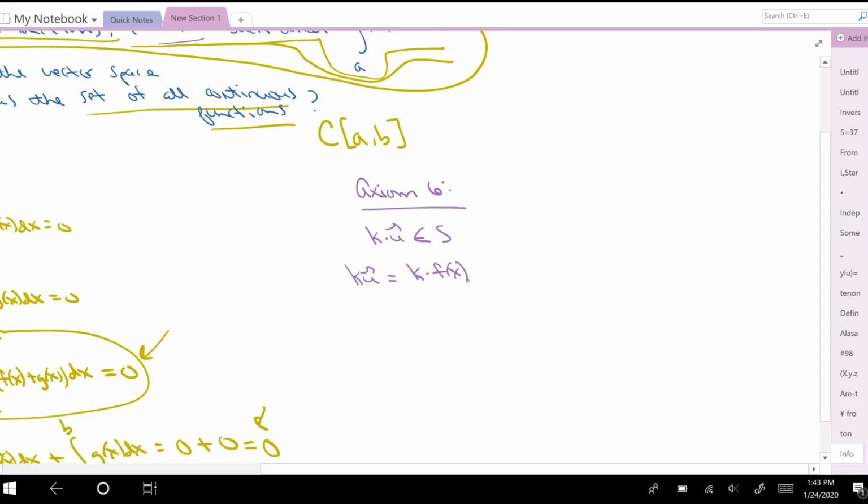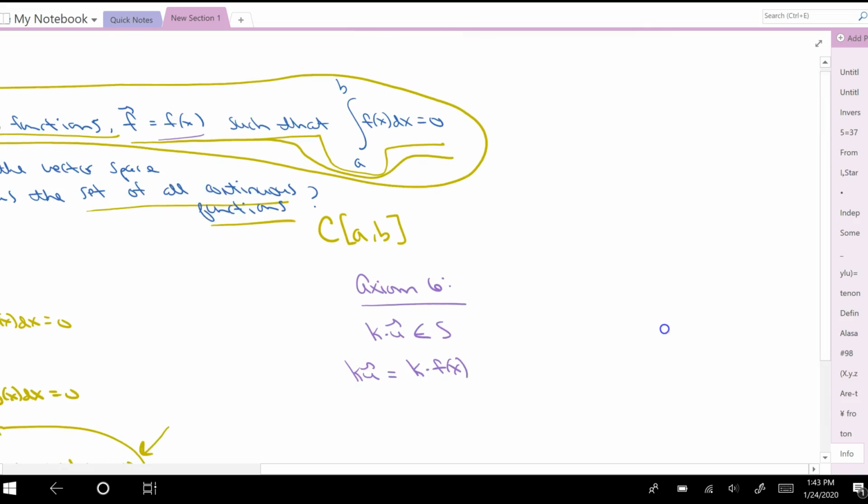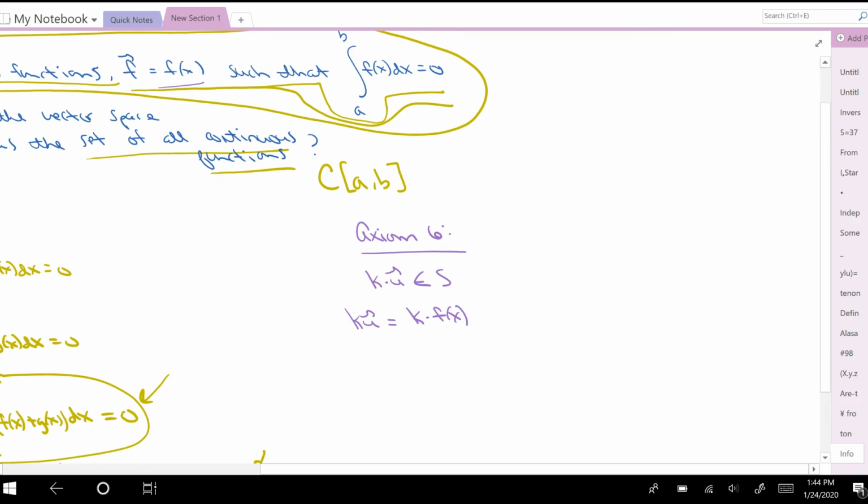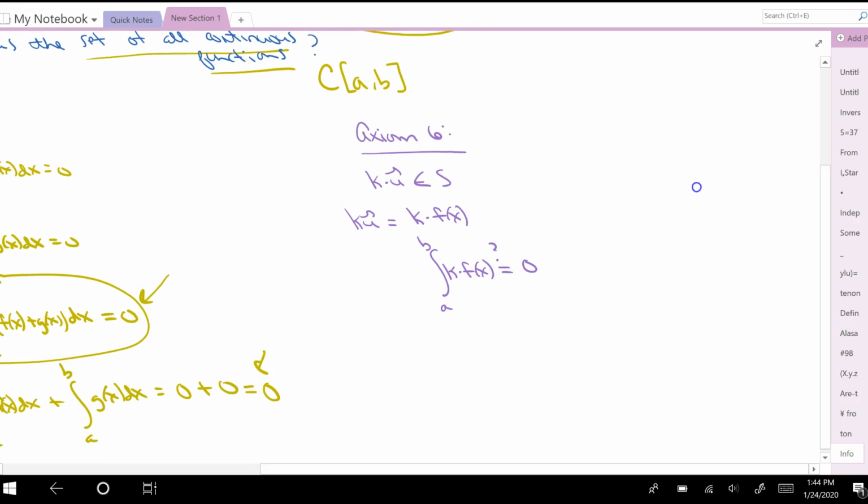Okay? And let's take a look. Is k times f of x going to yield a definite integral over that interval a to b that equals 0? Okay, well, let's see. We know this is the case.